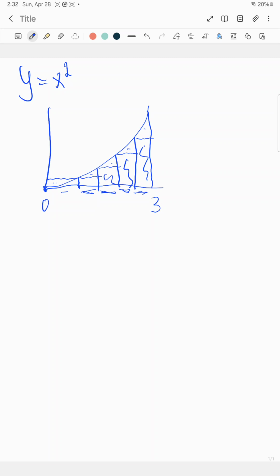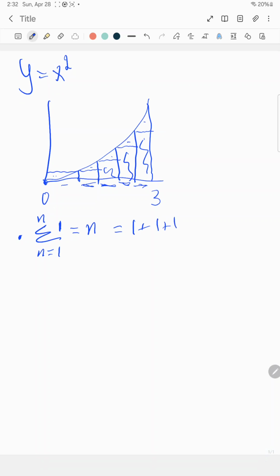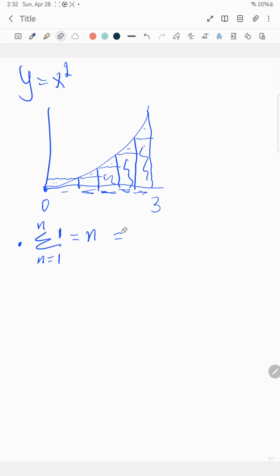There are 7 sigma notation formulas. Formula number 1 is the sum for i equal 1 to n of 1, which is equal to n. Because it's going to be 1 plus 1 plus 1, n times, so 1 times n is n. That's obvious.